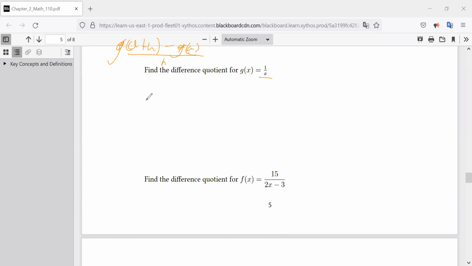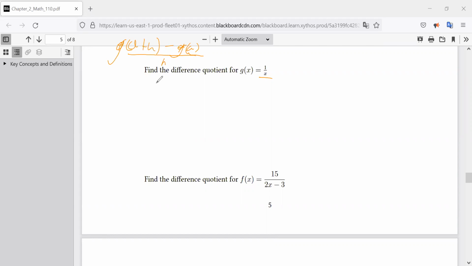What's this going to look like? Well, I have g of x is equal to 1 over x, but everywhere I see an x, I'm going to replace it with a plus h for the first one, and then just a for the second one, right?